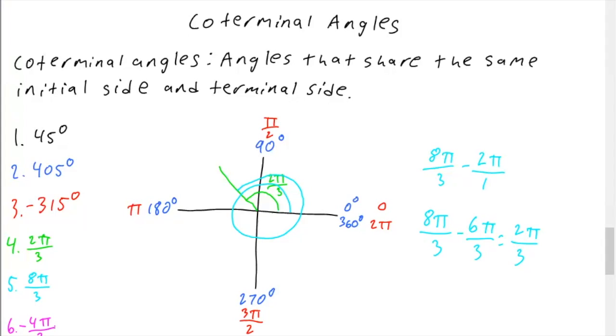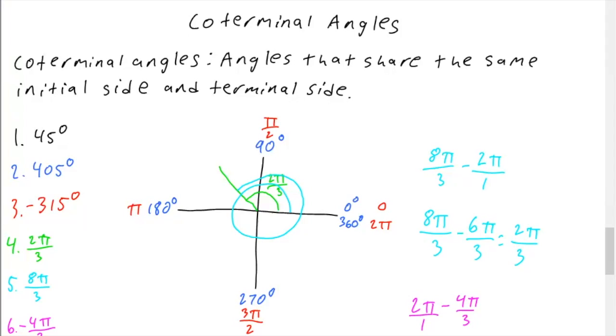And then with negative 4 pi over 3, we just do 2 pi minus 4 pi over 3. So that's the same thing as saying 2 pi over 1. Multiply the top and the bottom by 3.